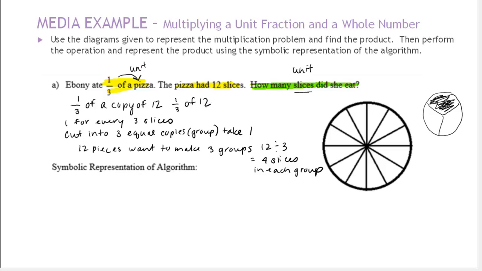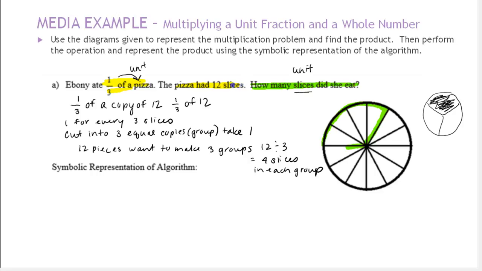Okay, so I'm thinking of the 3 in the denominator as the number of groups I want, or copies, and then I want to take one of those. Okay, so now let's do this in the picture. Okay, so since I took the 12 and I divided by 3, I know that to break this into 3 equal groups, I would need 4 slices in each group. So let's see how this works out.